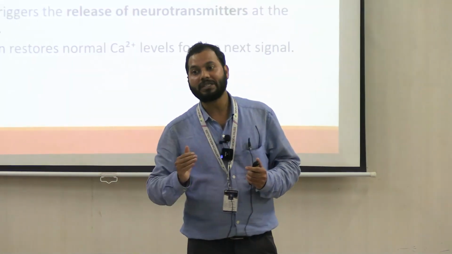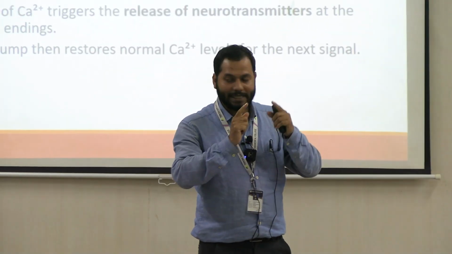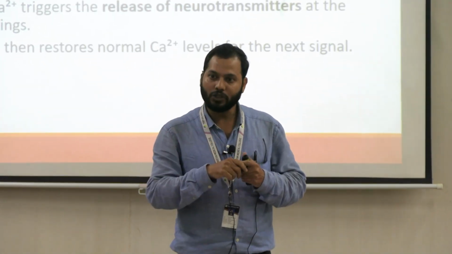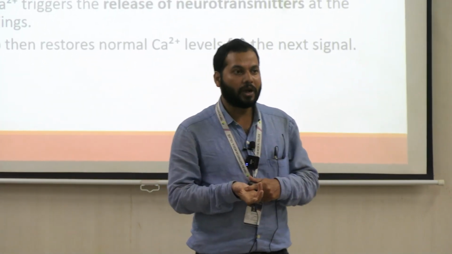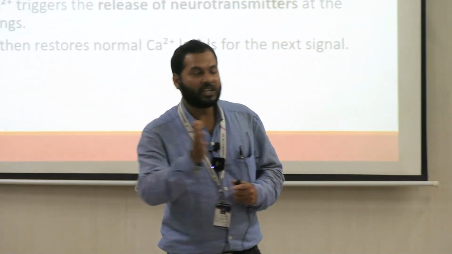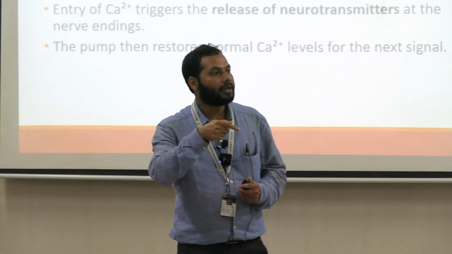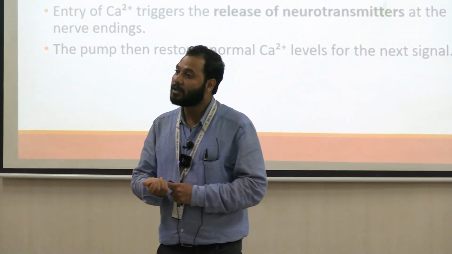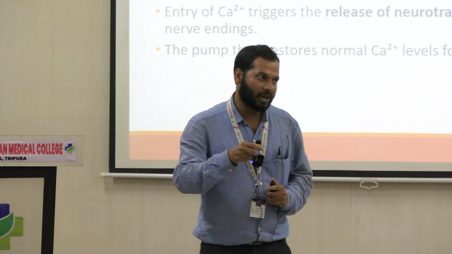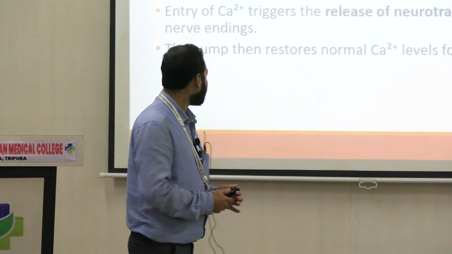During nerve impulse transmission, that calcium pump present in the presynaptic membrane allows the calcium ion inside the presynaptic zone. Once calcium ion enters the presynaptic zone, it facilitates the vesicular movement towards the synaptic membrane, right? And ultimately helps the release of transmitter from that synaptic vesicle into the synaptic junction. So this is where the calcium pump is important.